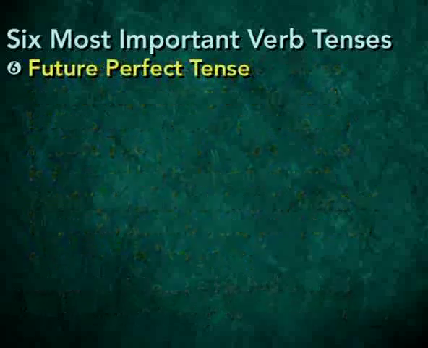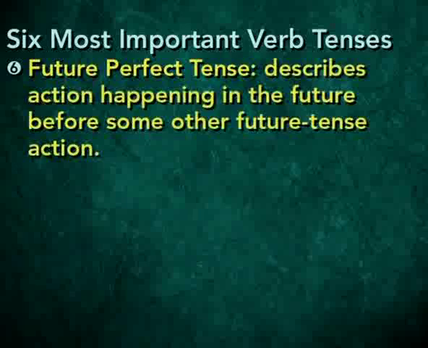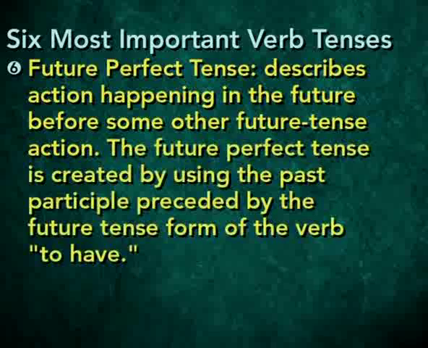Now, the sixth and final basic tense in English is the future perfect tense. This is used to describe action happening in the future before some other action, which is usually described using the future tense. The future perfect tense is created by using the past participle preceded by the future tense form of the verb to have.